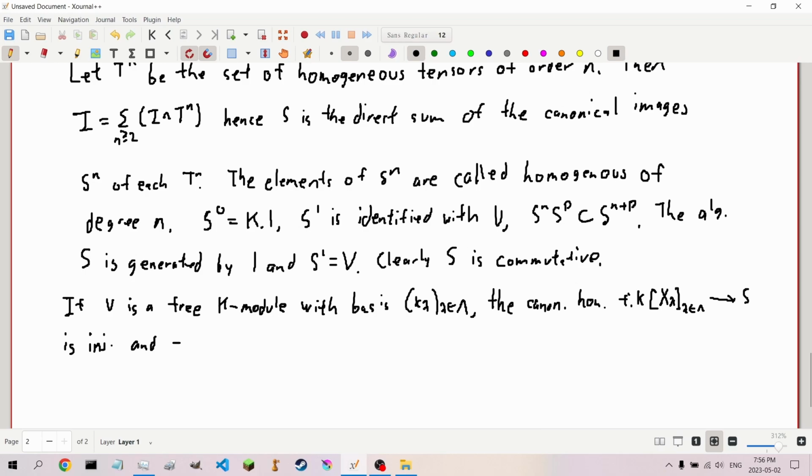And f of indeterminate X lambda gets sent to little x lambda, and this is actually an isomorphism.